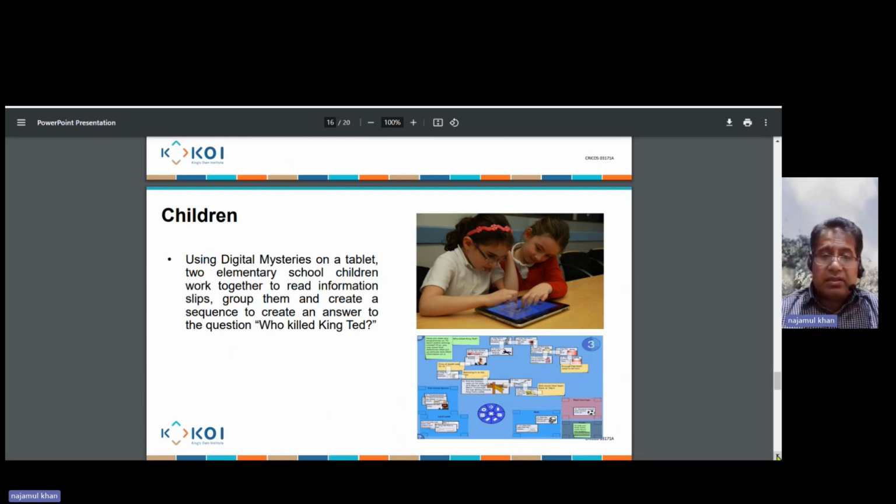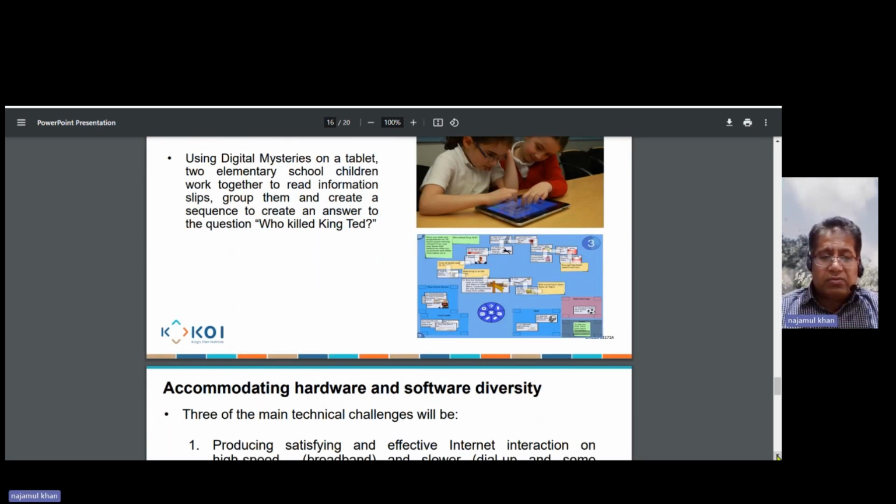In this digital age, primary school kids are working together to read information, so when we are designing something, we must make sure that children are also part of the system, and they cannot be left out either. So that's why we are also doing designs for small kids to use whatever digital devices they are using.